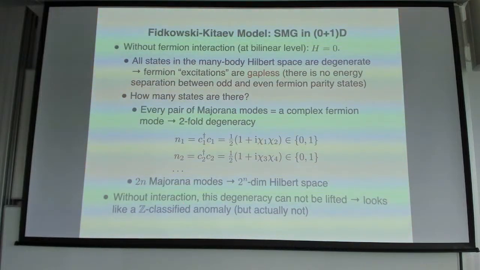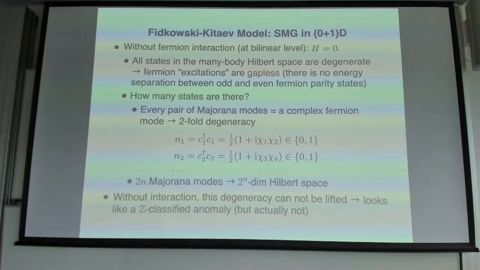So without interaction, the conclusion is that if you want to preserve the time reversal and fermion parity symmetry, then the degeneracy cannot be lifted, no matter how many Majorana zero modes you add to the system. This kind of very robust degeneracy looks like a Z-classified anomaly, because you can't lift it no matter how many Majorana modes you put into the system. So you can create an index which simply counts the number of Majorana modes in the system, and it's never trivial.